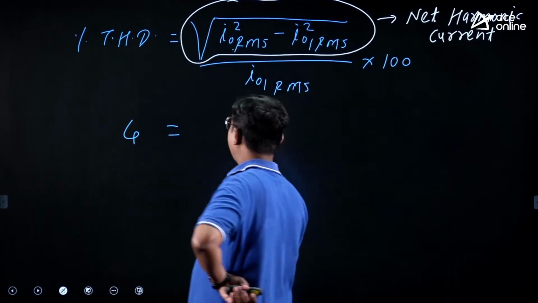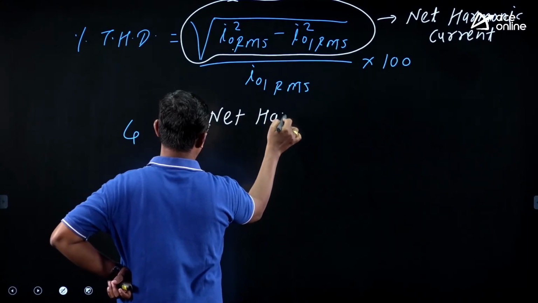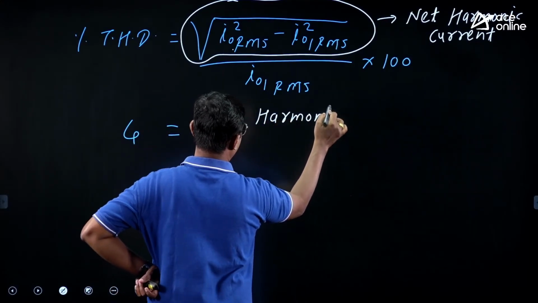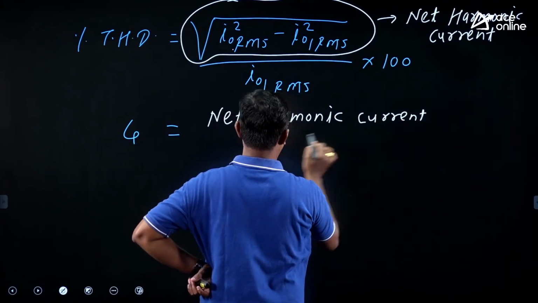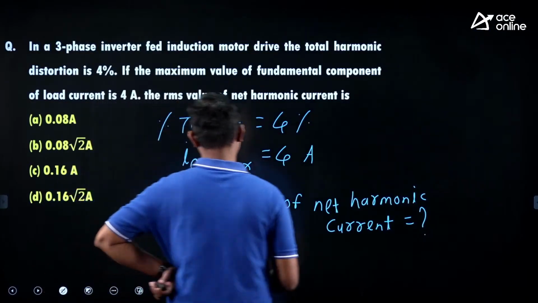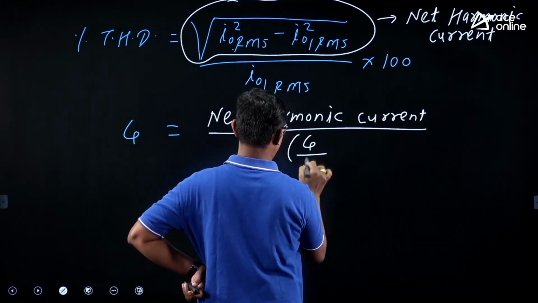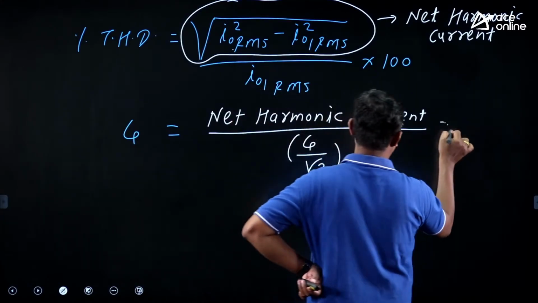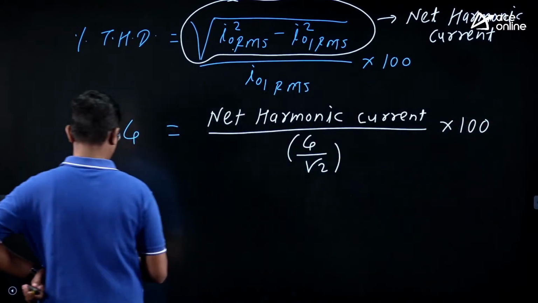So therefore I can write net harmonic current upon I01 RMS. I01 max he has given 4 ampere, so RMS is 4 by root 2, into 100.